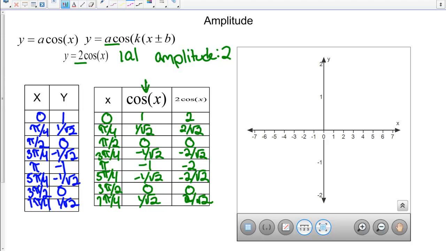So then when we graph these points, we're going to graph our x and our final column. So 0, 2.